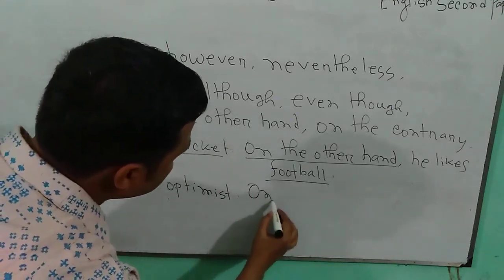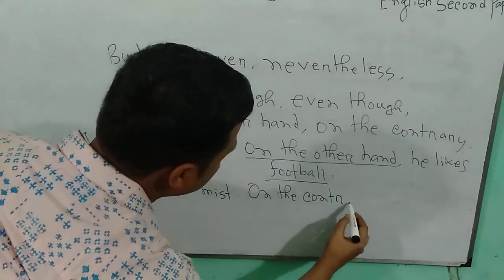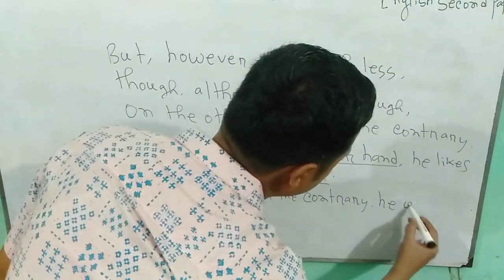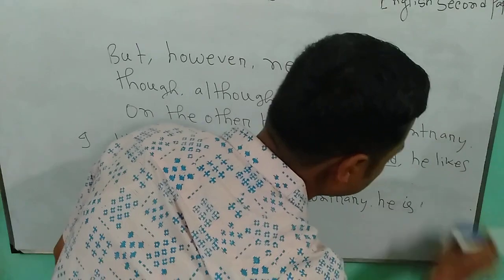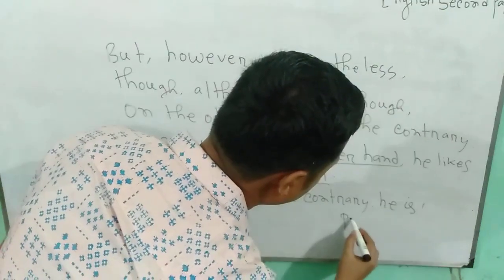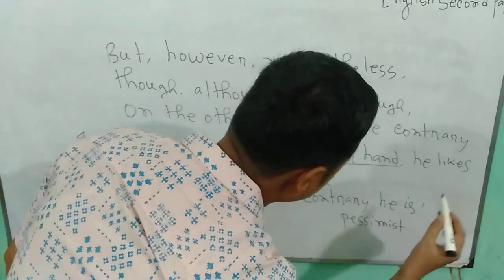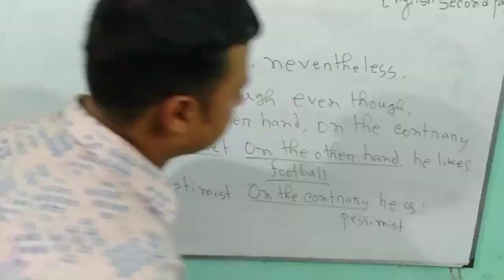On the contrary, he is pessimist. Here, on the contrary is a linking word.